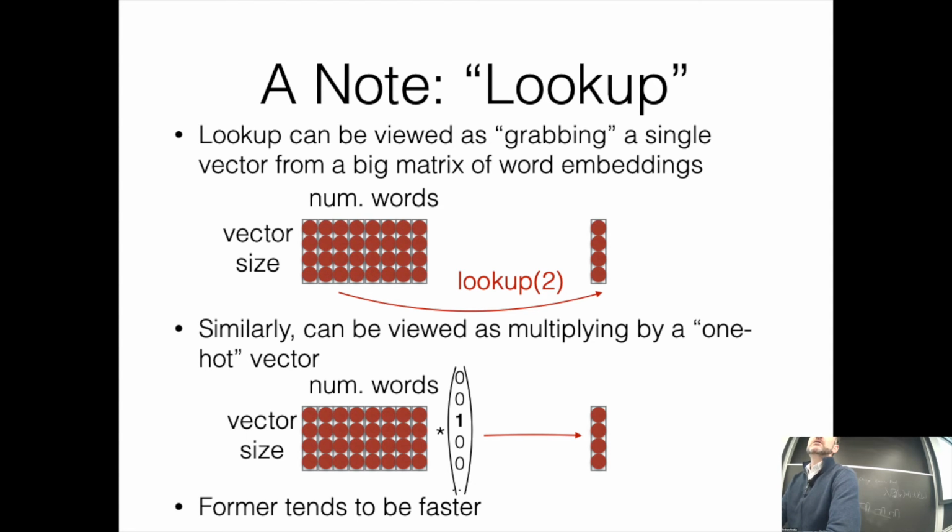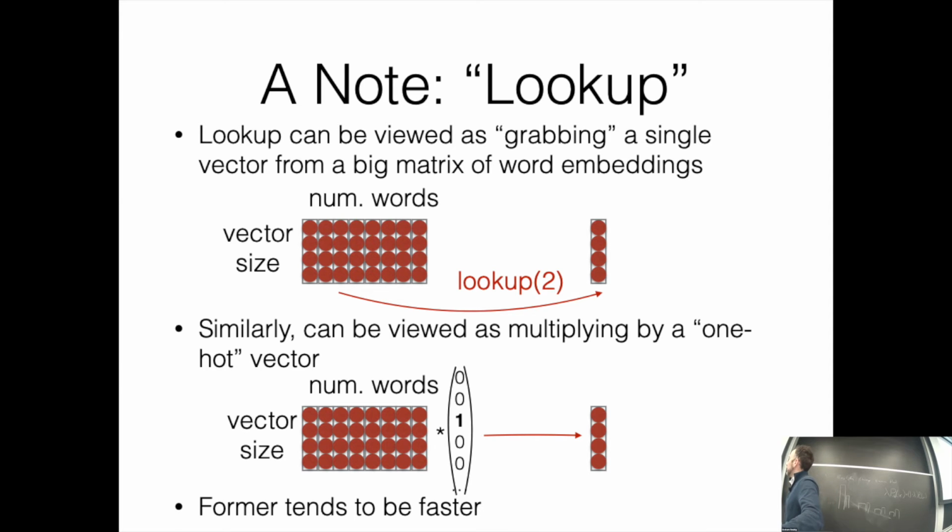And so the way it can work is we have this big matrix, and then we look up word number 2 in a zero-indexed matrix, and it would just grab this out of that matrix. And that's practically what most deep learning libraries, or whatever library you use, are going to be doing.